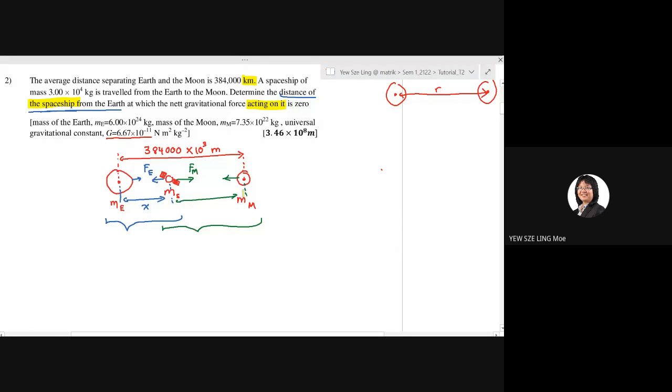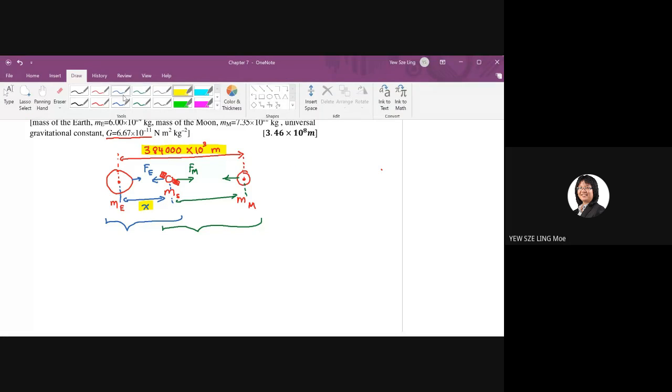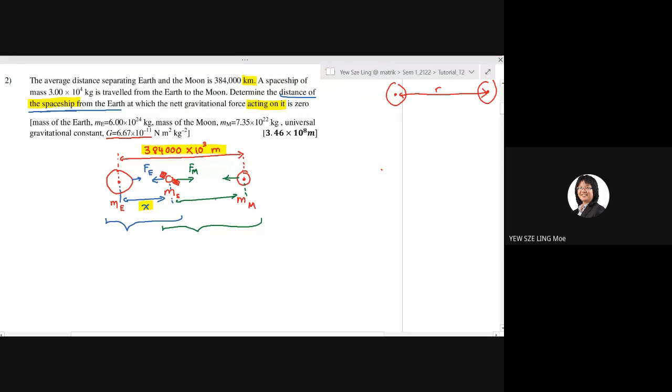I know the distance between the 2 planets, the Earth and the moon, is 384,000 times 10 to the power of 3 meter. And I also know that the distance between the Earth and the spaceship is X. So in that case, I can say the distance between the moon and the spaceship is equal to 384,000 times 10 to the power of 3 minus x.